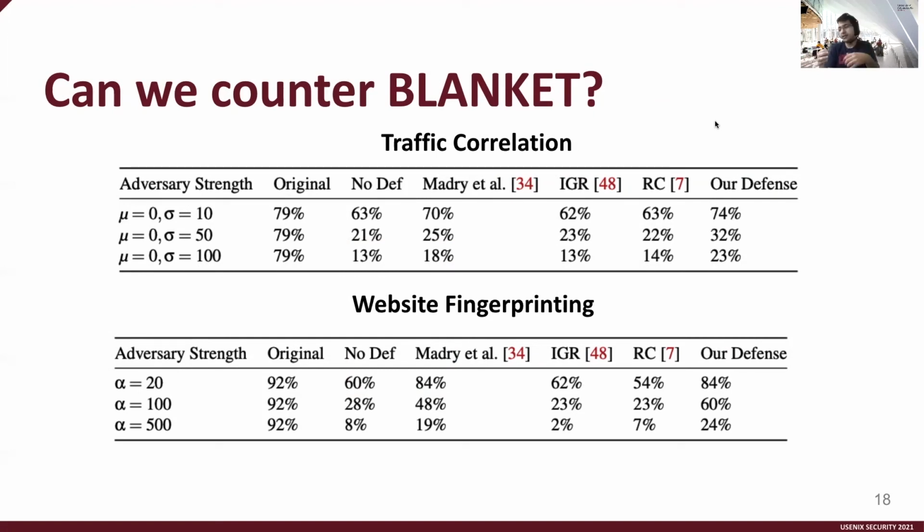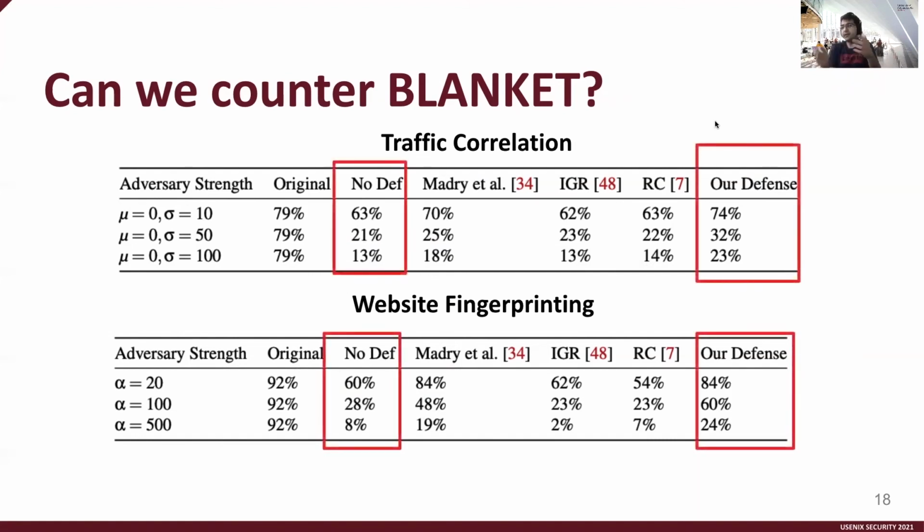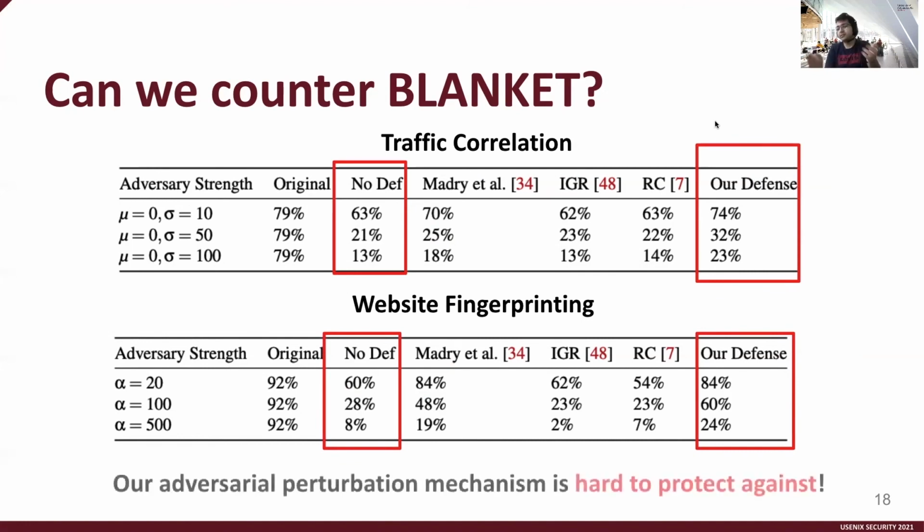We showed that even when we use this defense as a countermeasure against this sort of adversarial perturbation, comparing no defense with our defense, which is better than all of the existing works, there is still a huge drop in the accuracy of the model, and it's pretty hard to protect against these sort of attacks.